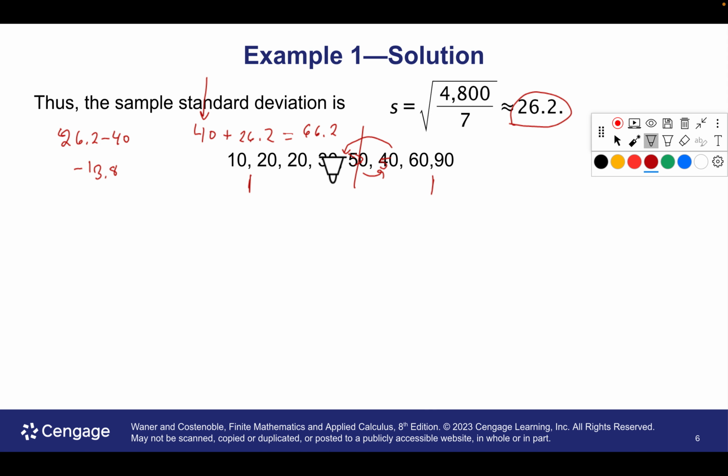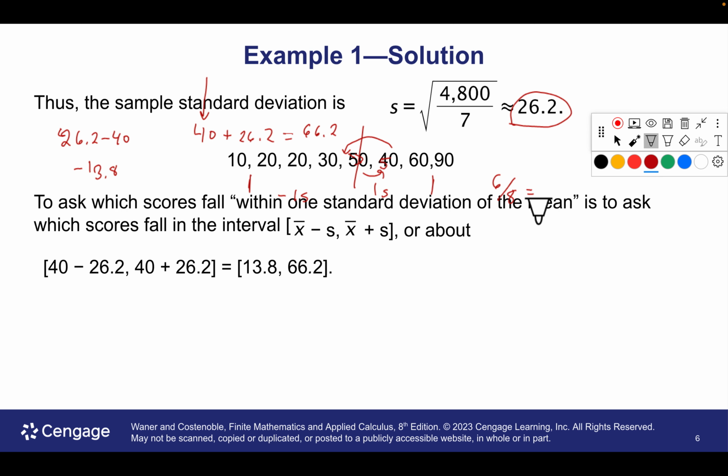And there are 1, 2, 3, 4, 5, 6 pieces of data in that range, from one standard deviation below to one standard deviation above. Does that make sense? This is one standard deviation above, this is one standard deviation below, and we have 6 out of 8 pieces of data, which is about 70-something percent.